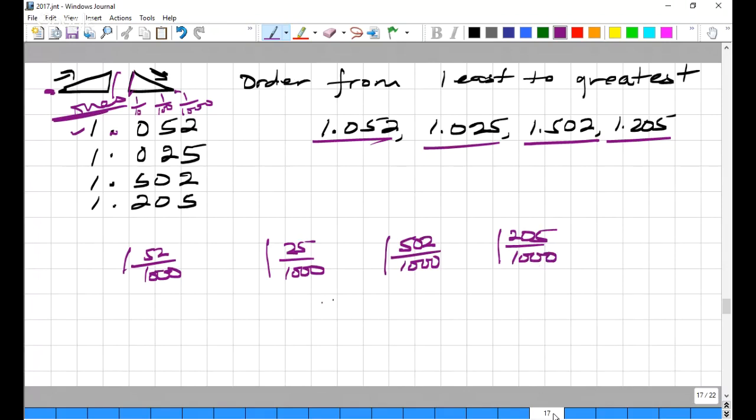Arrange these. Which one comes first? 25 over 1,000, because it's the smallest. What comes next? 52 over 1,000.